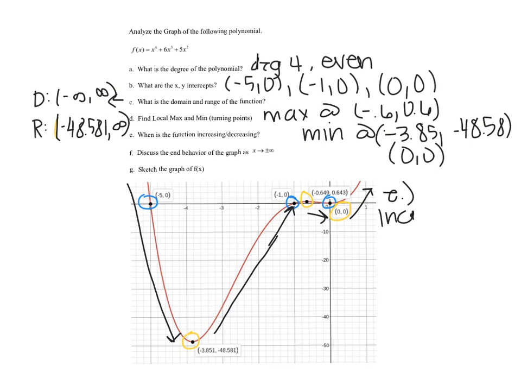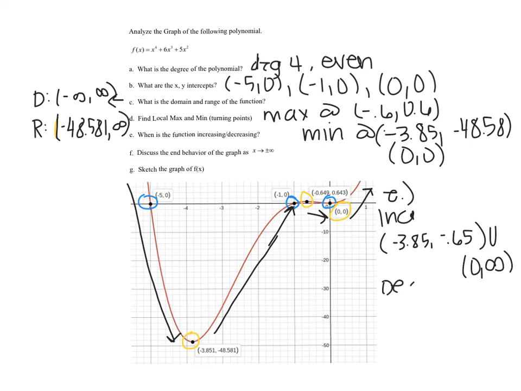We increase from negative 3.85 to negative 0.65. Because remember, for intervals of increasing and decreasing, we always use x values. And then union, since we have a second interval, we then increase from 0 to infinity.